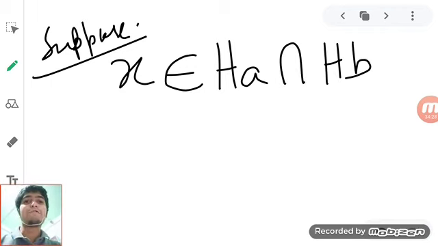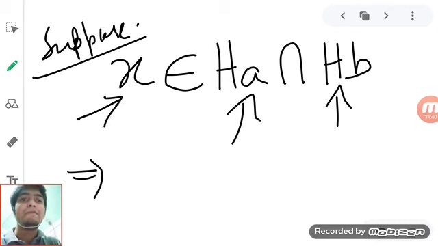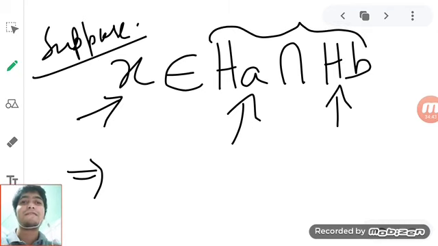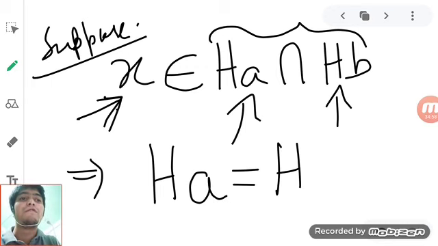Again, it looks very difficult to proceed from here, but because they are cosets, if an element belongs to the intersection, it means the intersection is non-empty because it contains an element x. So once you get a line like this, you can immediately conclude that Ha will be equal to Hb without thinking.